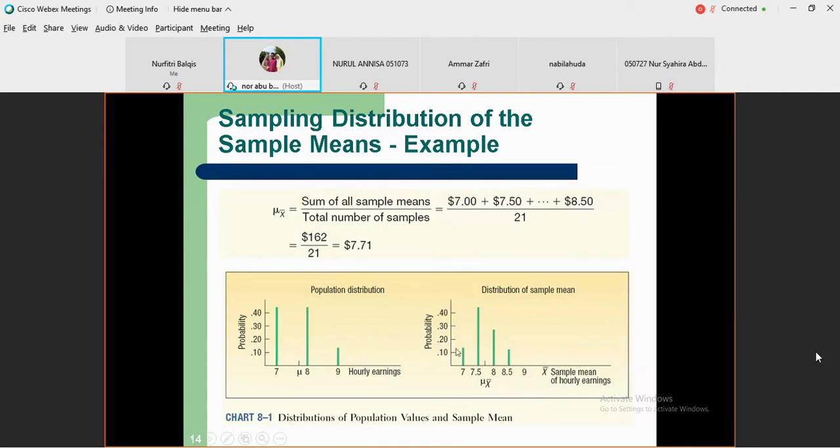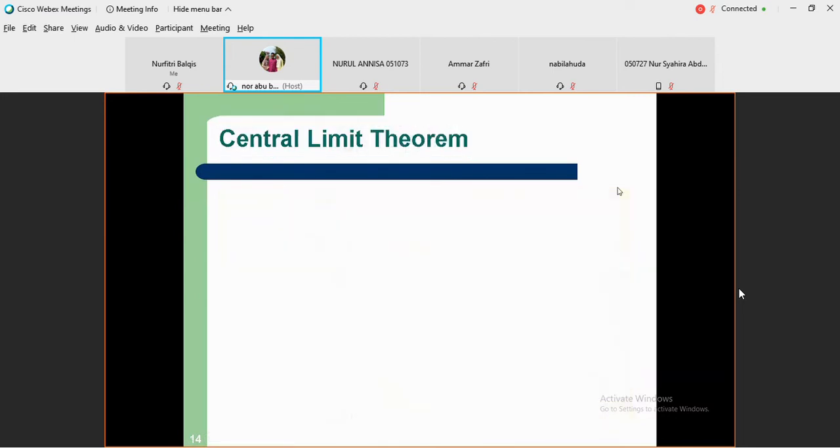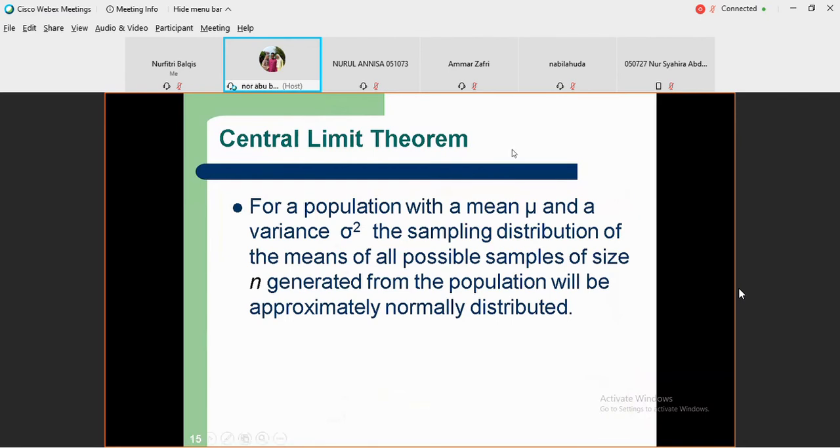Okay, but this one it looks like, something like low at the end, on the left, and then increases in the middle, and then ke bawah turun pula. Okay, so basically apa yang berlaku kat sini adalah dia cuma nak tunjukkan something called limit theorem.